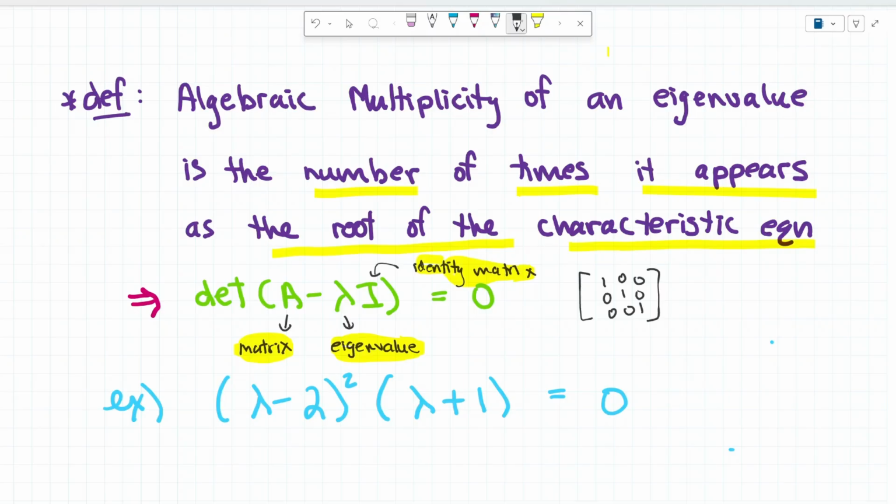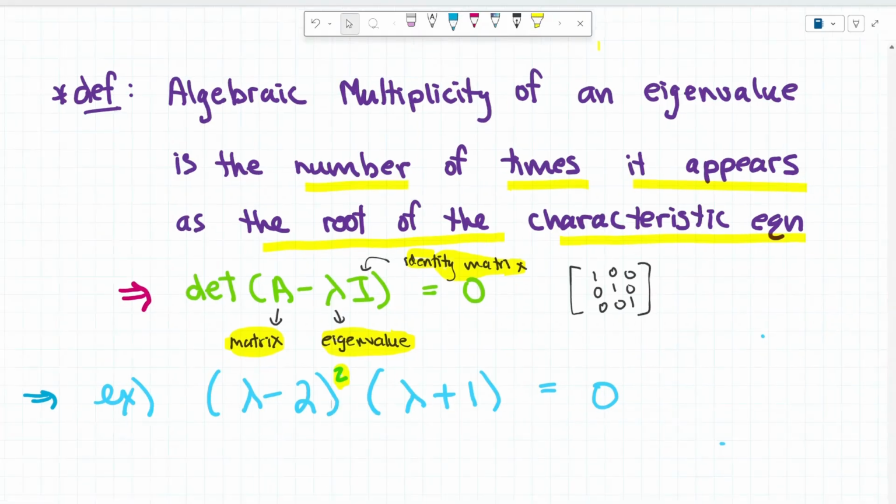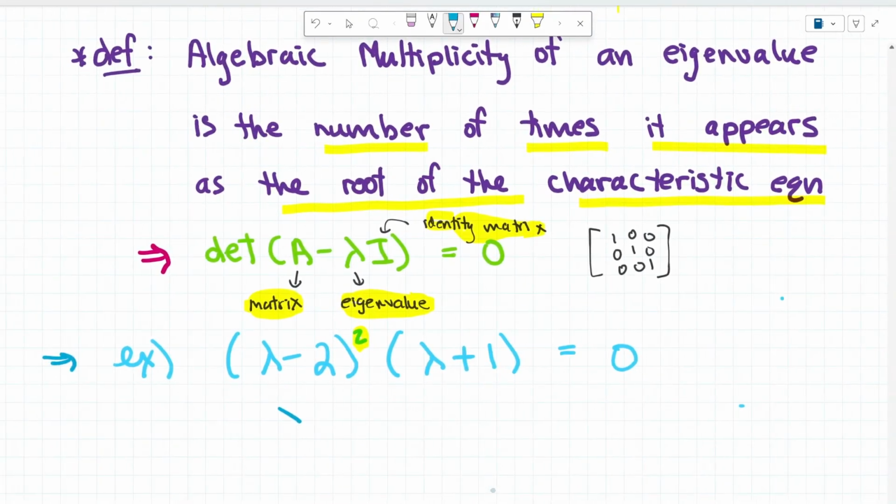As a quick example, I just wanted to draw your attention to this. If we were already given a factored form of the characteristic equation, let's determine the algebraic multiplicity. We can see that this first term has a multiplicity of 2. That means that lambda 1 equals lambda 2, which equals 2.